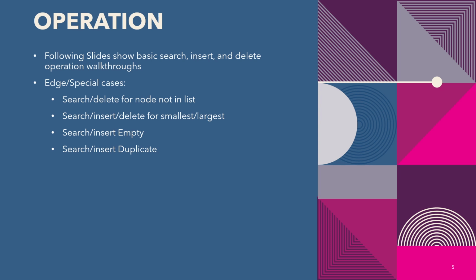For all three operations, if you're looking for the smallest or largest value, that's going to be the one on either end. That's going to be an edge case. Then for search and insert, if you're trying to do that on an empty list, there's going to be an edge case. And then for search and insert, if you're looking for a duplicate, that's going to be a special case. So they're all pretty simple to think out, but just take note of those.